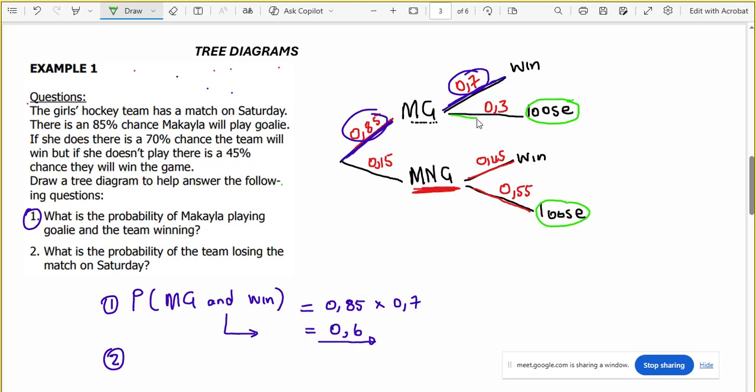So you're going to say, okay, this is lose, and then this is lose. Then you go back. So this is one branch, and this will be the other branch. When you have two branches, you multiply along each branch in the correct order, then you add the two.